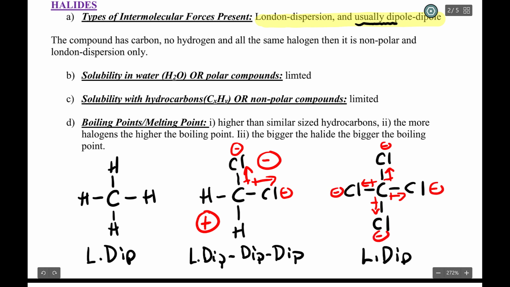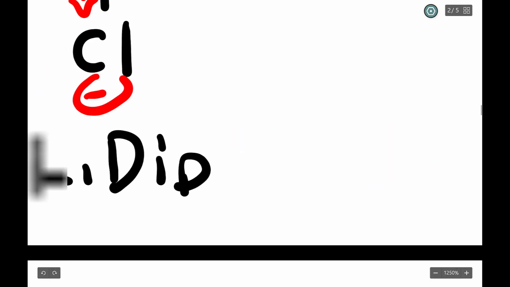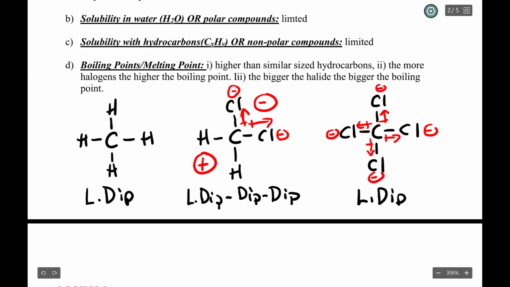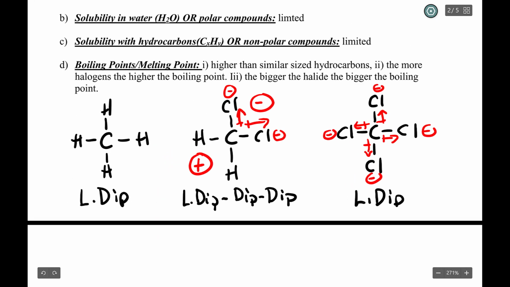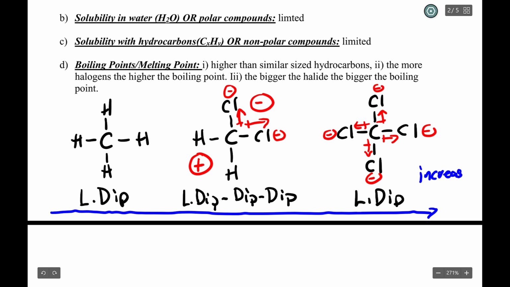There's really no positive end to the molecule. However, the boiling point of tetrachloromethane is going to be the highest out of all three of these due to its massive size. There are so many electrons when you have that many chlorines that it causes a really high boiling point. So I'm just going to add this one little note here. Going this direction, you have an increasing boiling point.